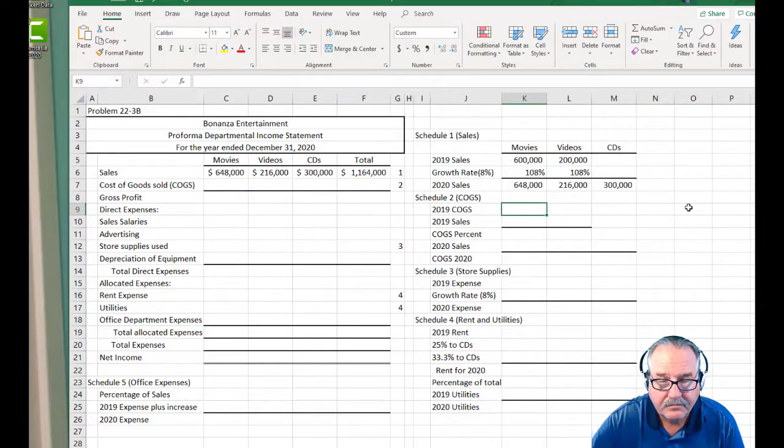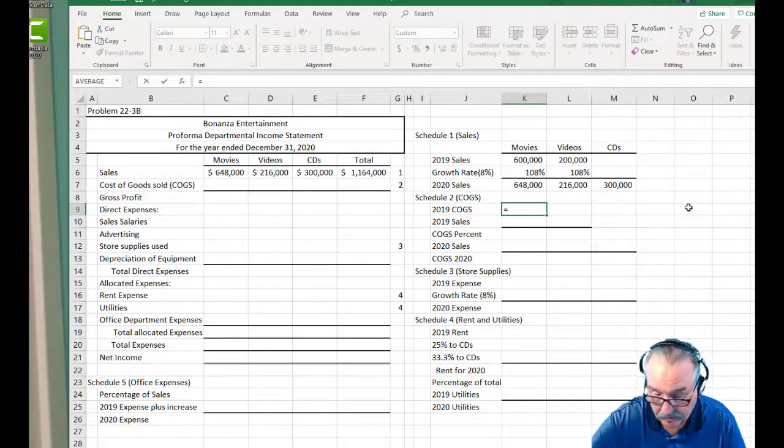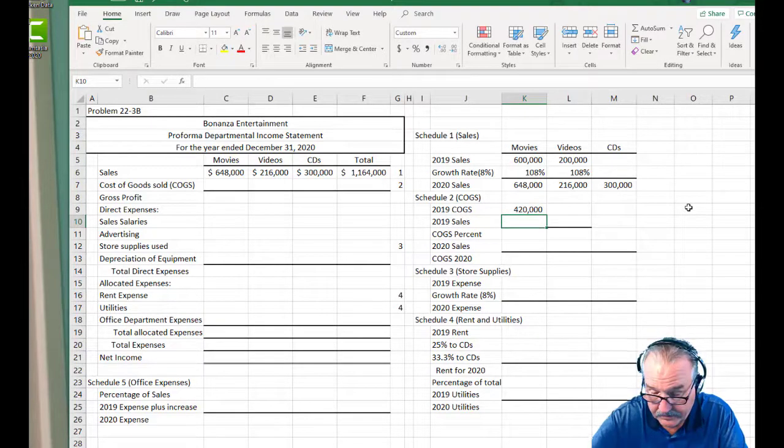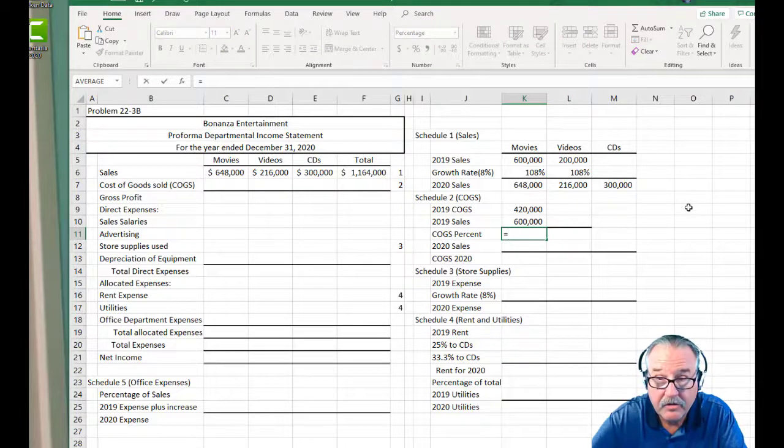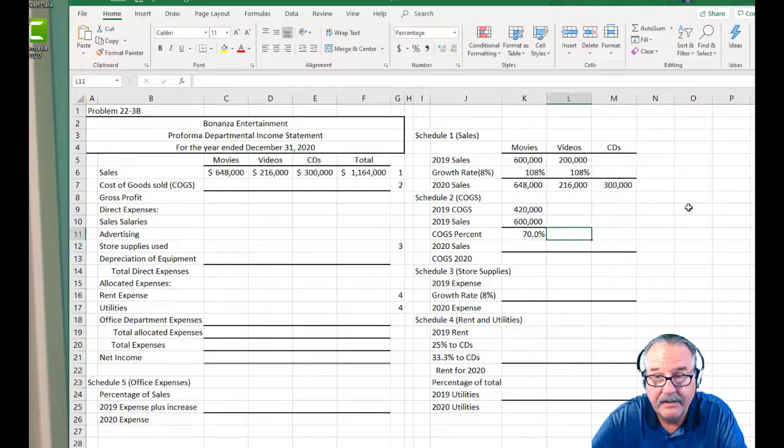Now, they told us that their cost of goods sold percent will not change for movies. So cost of goods sold last year for movies was $420,000. Sales is up above. So the cost of goods sold percent is 70%.